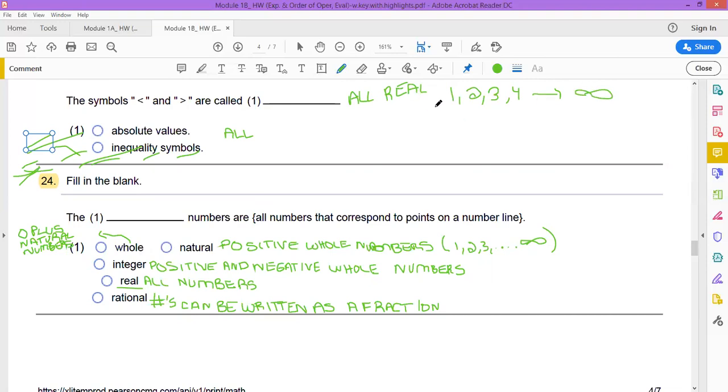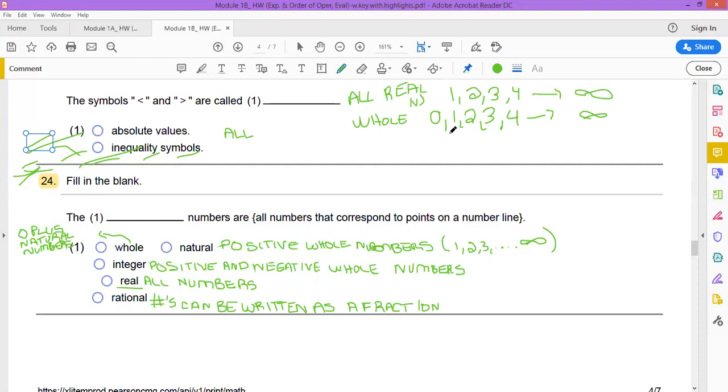Now, when we take that list of natural numbers and we add a 0 in front, this list of natural numbers now becomes whole numbers. So by adding 0, we make that list go from natural to whole numbers.